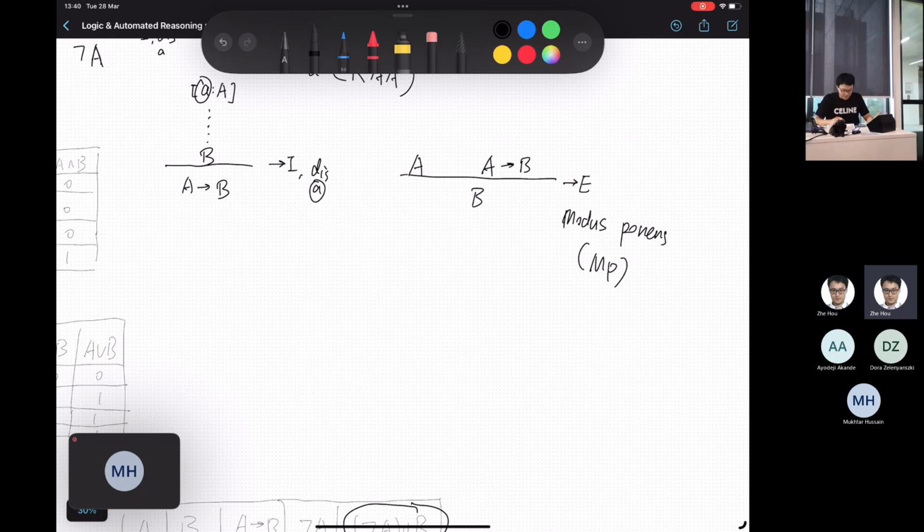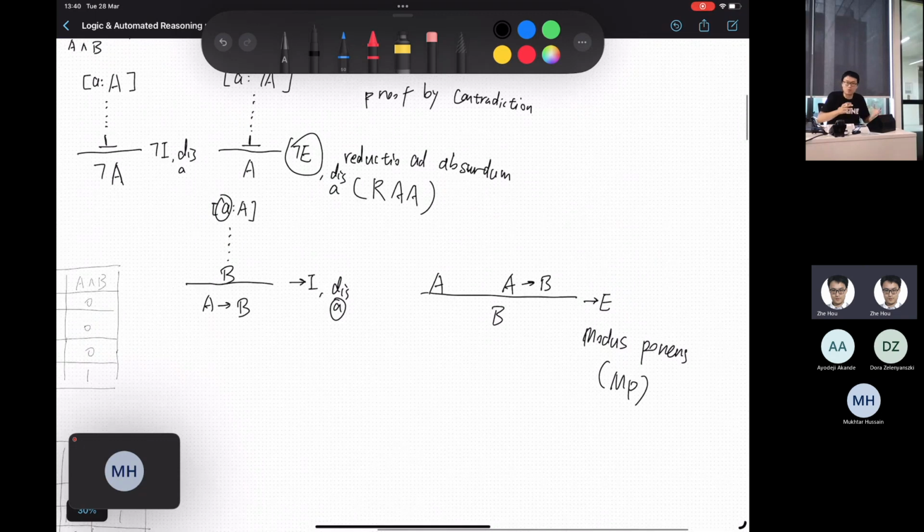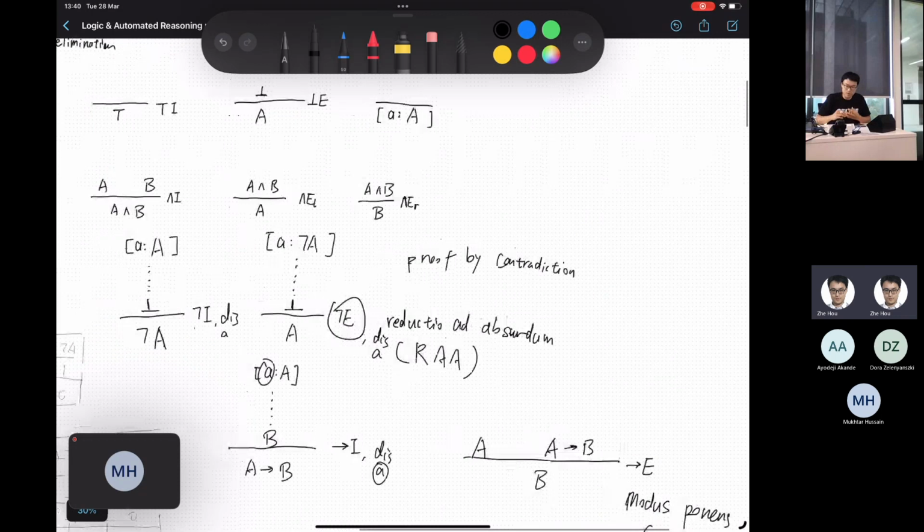Because if you think about and and or, they are sort of dual to each other, right? So duality is everywhere in logic. It's designed to be symmetric. It's designed with duality. So the introduction rule for OR is actually symmetric to the elimination rules for AND.